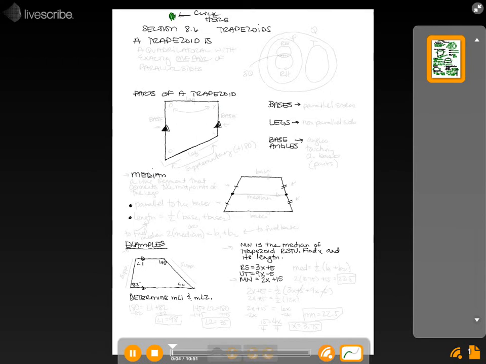Okay, these are your notes for section 8.6 on trapezoids. Now, a trapezoid is a quadrilateral with exactly one pair of parallel sides.